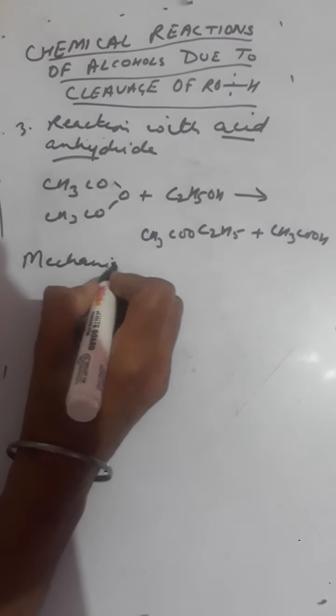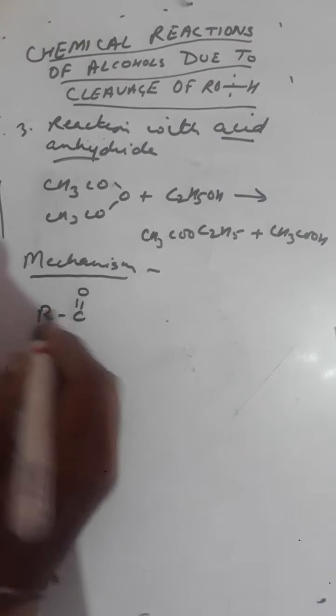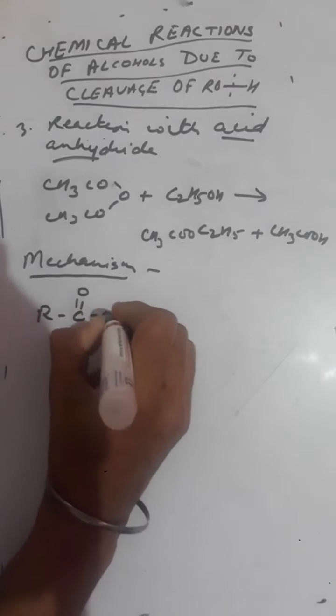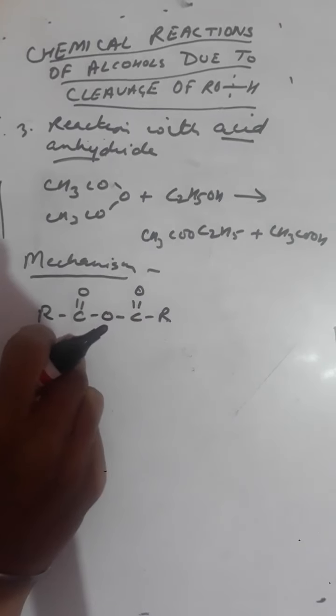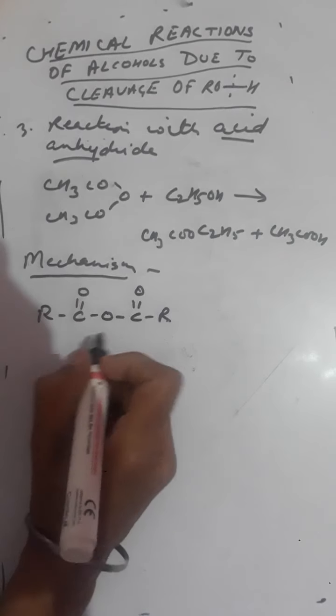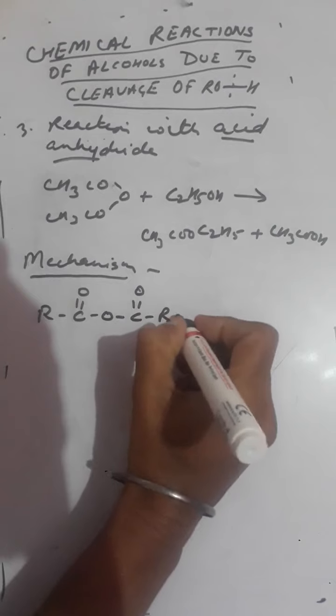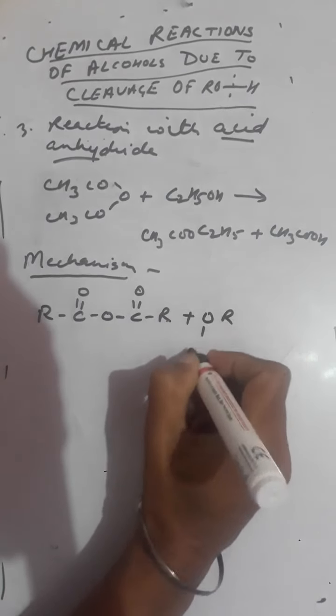Here again esters are formed. Let's take in general RC=O, C=O R. This is your acetic anhydride or any acid anhydride. This acid anhydride reacts with alcohol.